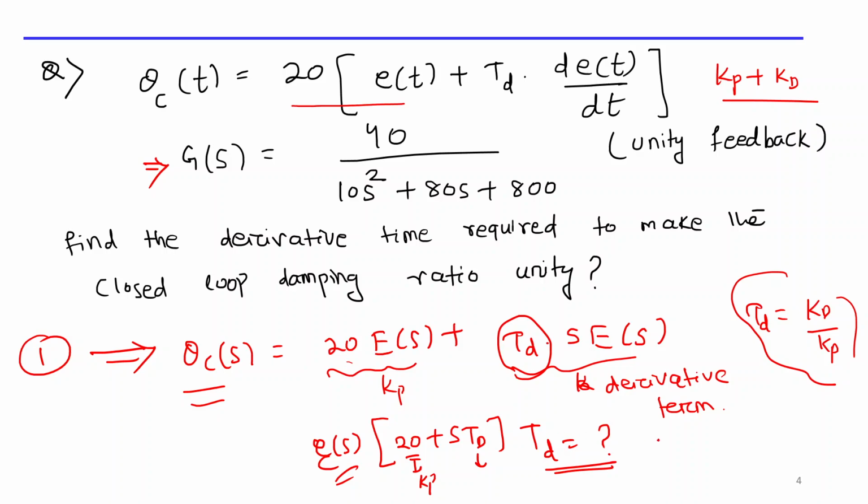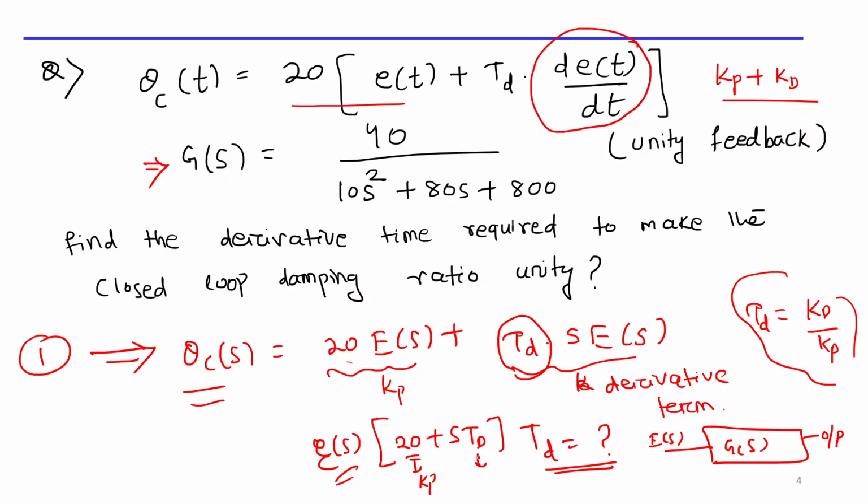So now any compensator, this is Gc(s). Here the input is E(s) and you get some output. Gc(s) is a combination of either a proportional controller, proportional plus derivative, or proportional plus integral. Here it is clear that in the question the derivative term, the d by dt term, is there.